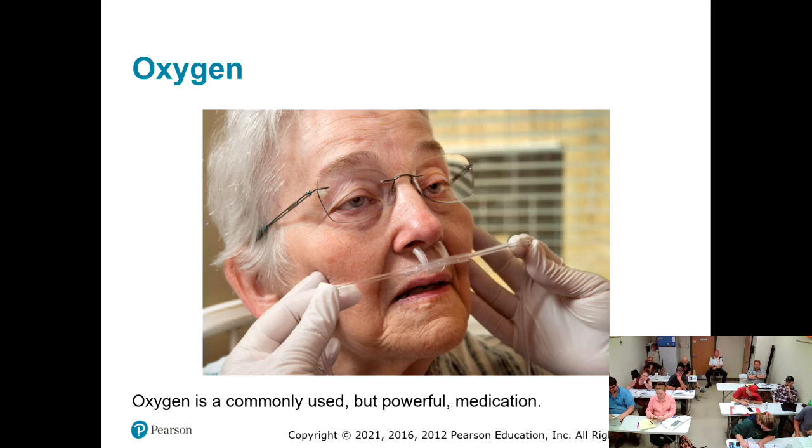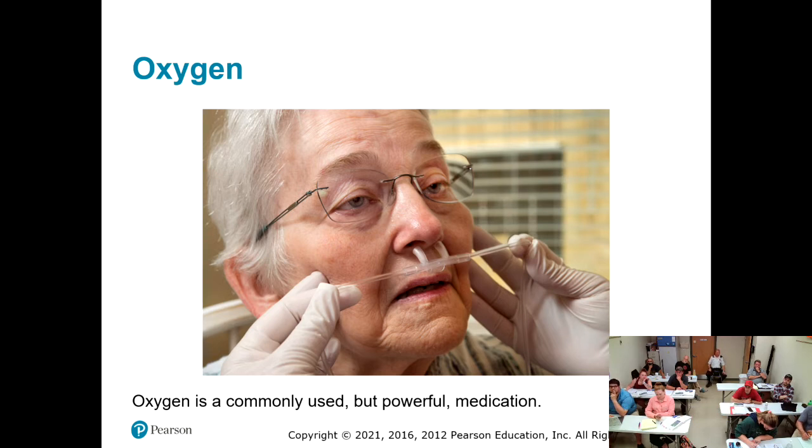When we put somebody on an NRB, FiO2 is 100%. A nasal cannula is different because you're giving them 100% oxygen in their nose, but they're still breathing normal ambient air. So FiO2 for nasal cannulas is usually around 45 to 50%, because you're also accounting for the normal air they're breathing in. And a nasal cannula is a good starting point for patients.